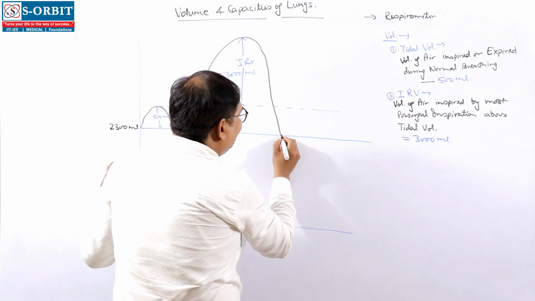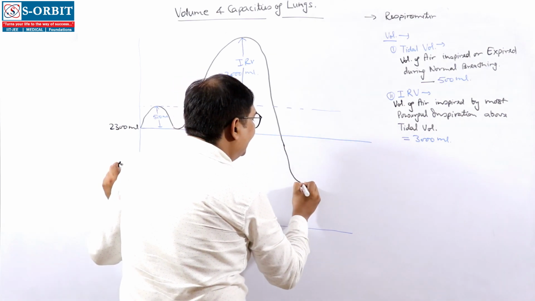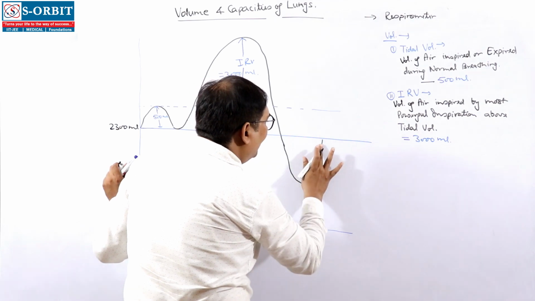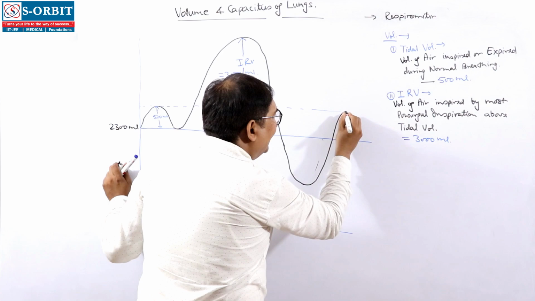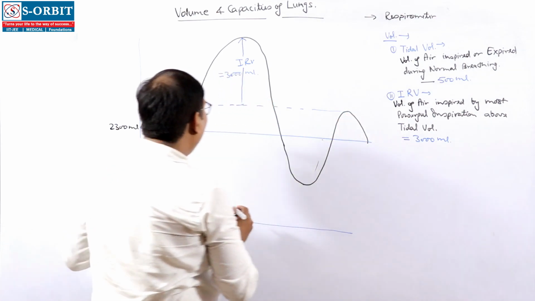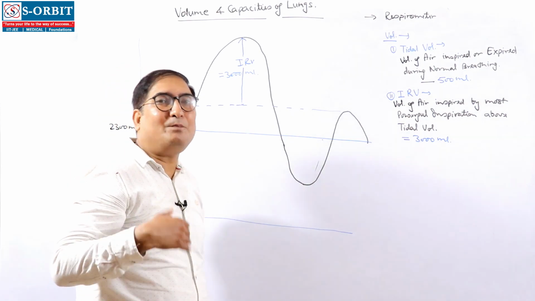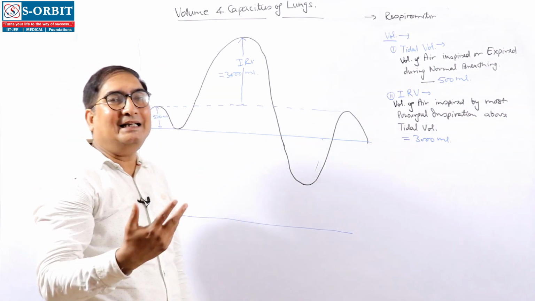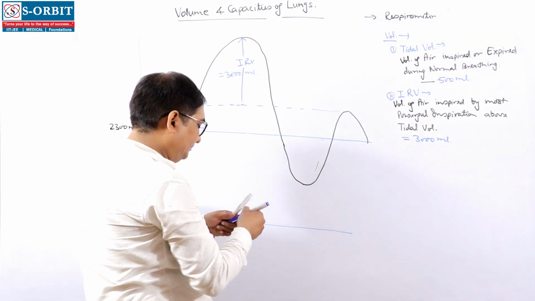Now, next is the expiratory reserve volume. Expiratory reserve volume is the volume of air that we expire below tidal volume by most powerful expiration.